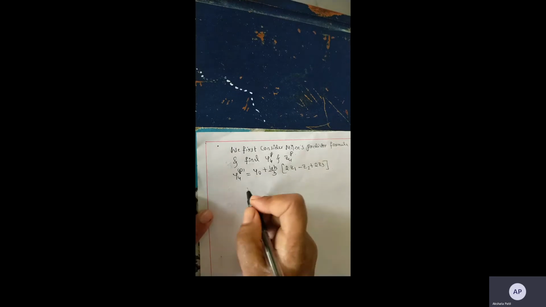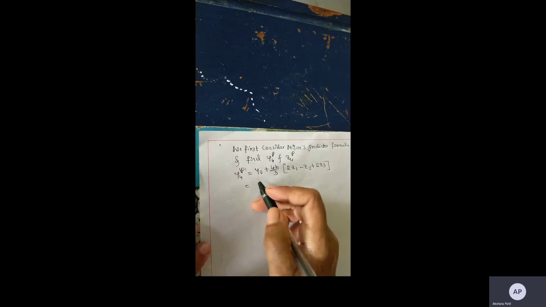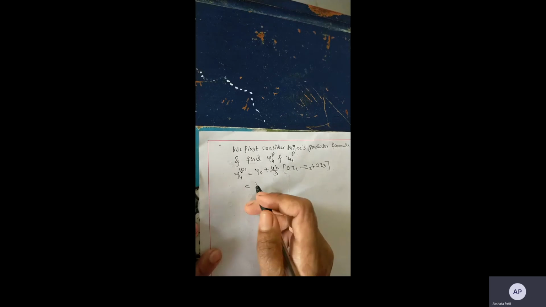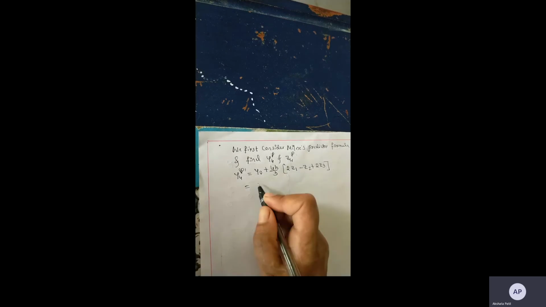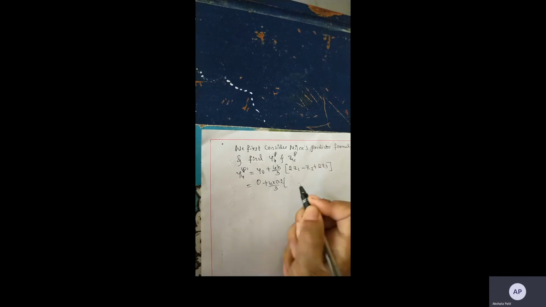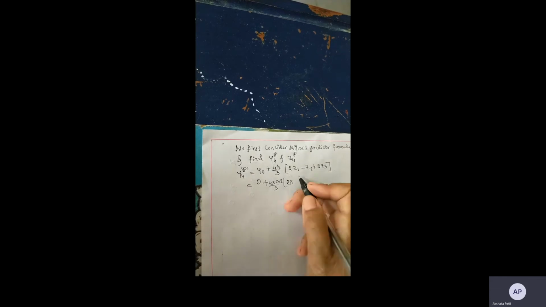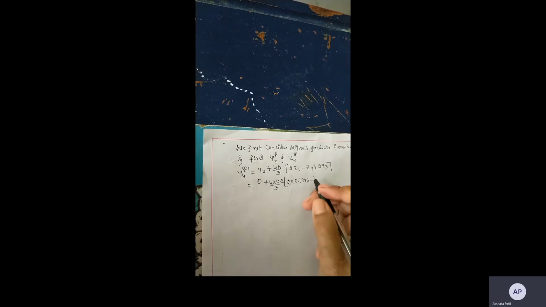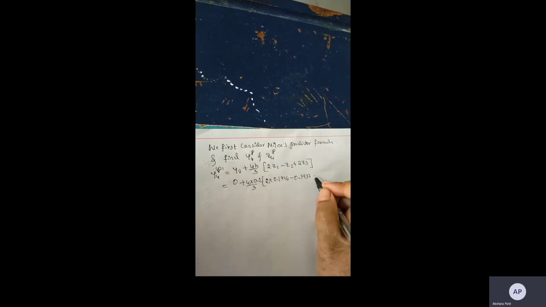Okay, now let us substitute the values here. By using the above table, y0 value is 0 plus 4 into h value 0.2 divided by 3 into 2 into z1 value 0.1996 minus z2 value 0.3937 plus 2 into z3 value 0.5689.